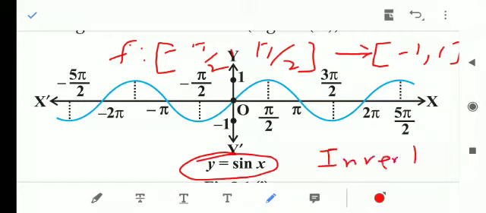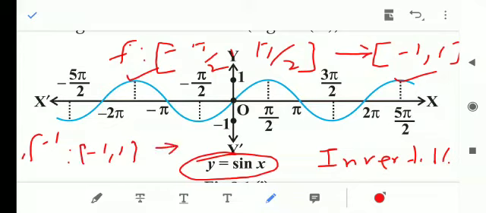So this function is invertible under this domain and range. And when we are going to find the inverse of this function, the range will become the domain and the domain will become the range. So the inverse function will go from minus 1 to 1 to minus pi by 2 to plus pi by 2. It is known as the sine inverse function.